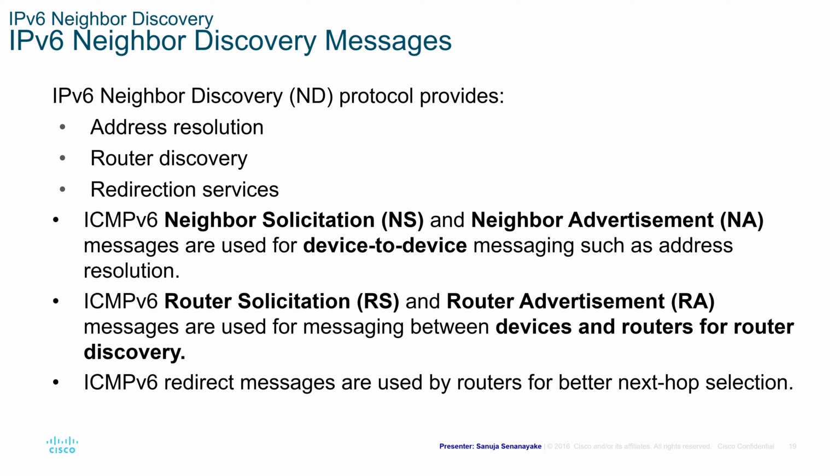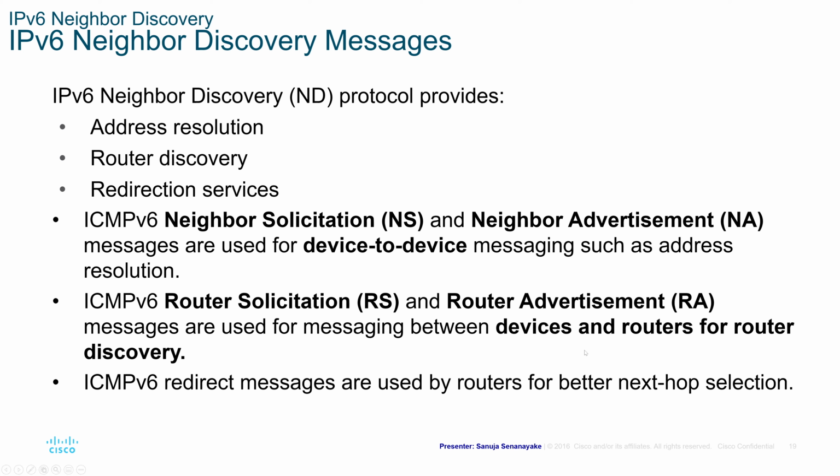ICMPv6 router solicitation (RS) and router advertisement (RA) messages are used for messaging between devices and routers for router discovery. ICMPv6 redirect messages are used by routers for better next hop selection.